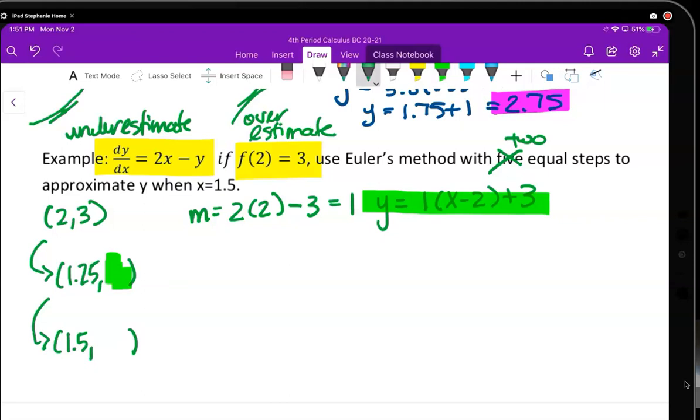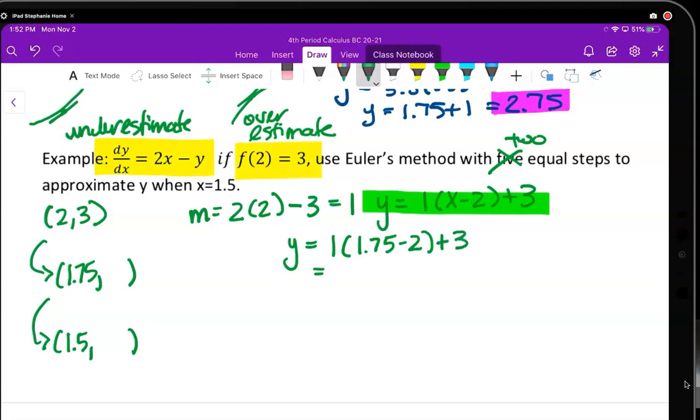So I'm going to put in x. y is equal to 1 times 1.75. Whoops, let me fix that. Oh, that was a good catch on my part. Did you guys catch that? 1.75 minus 2 plus 3.